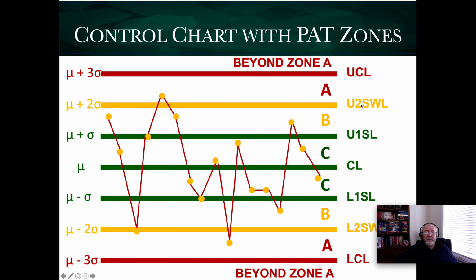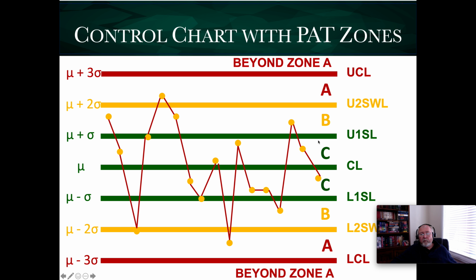So what we tend to do is compare the track data to these lines for various patterns, and the patterns are defined with respect to zones. So you see these green C's.